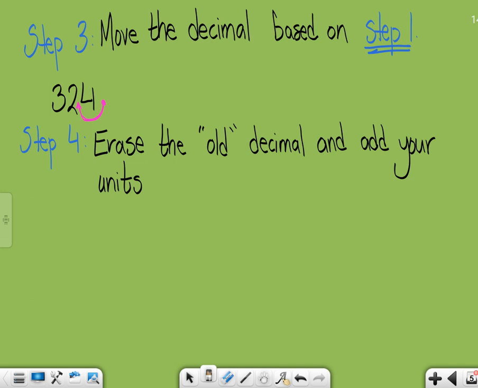So I'll write it down again. We had 324. We had centimeters? No, we had millimeters.